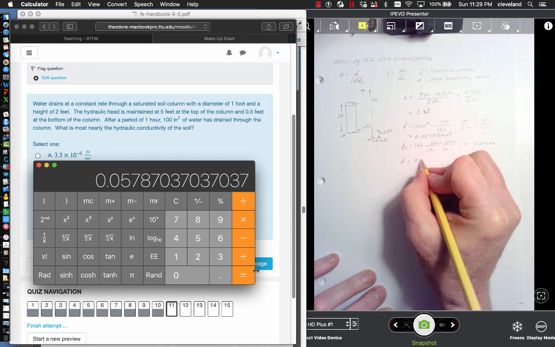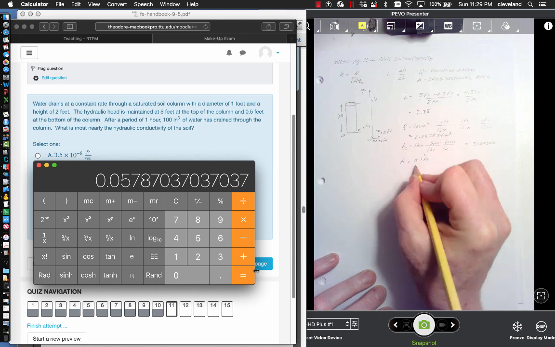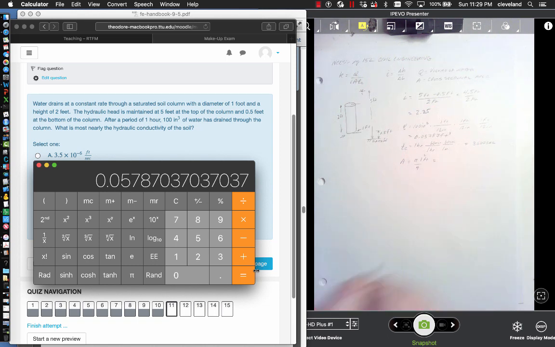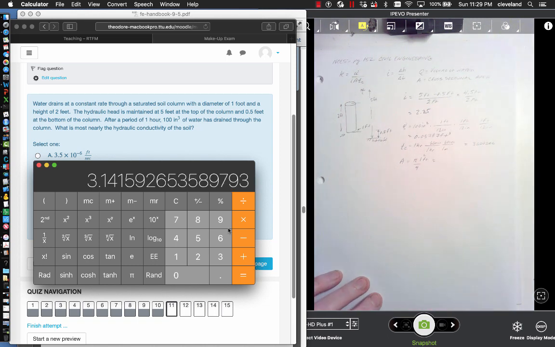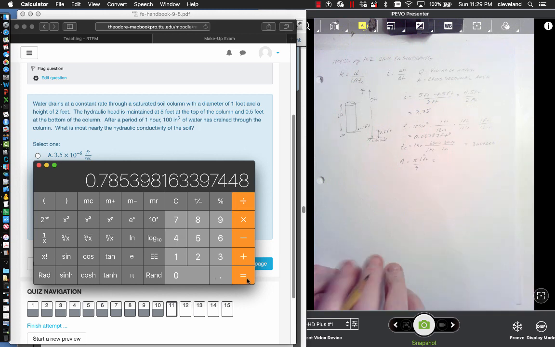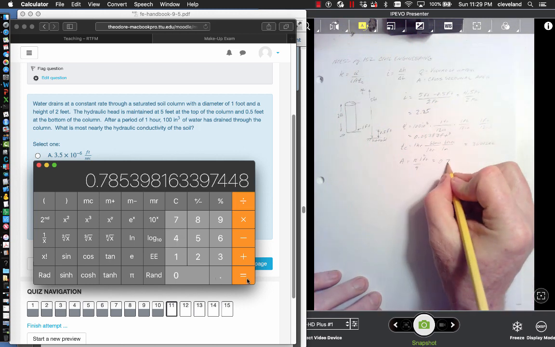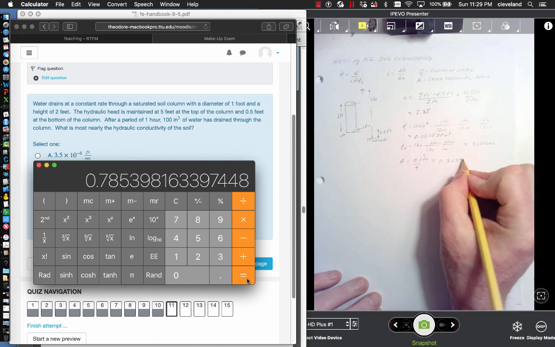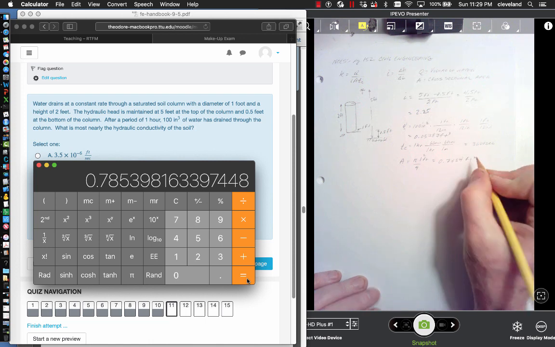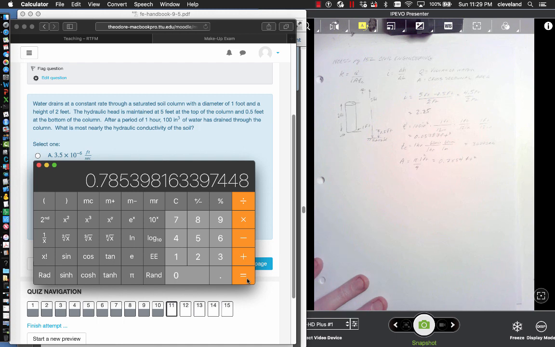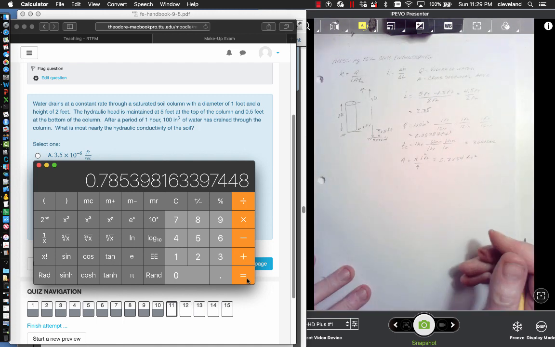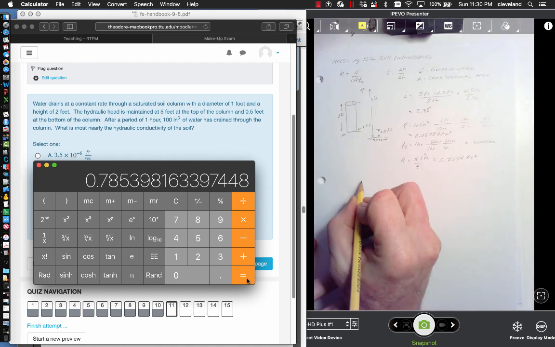We have pi times 1 foot squared over 4. Pi times 1 divided by 4 equals 0.7854 feet squared.